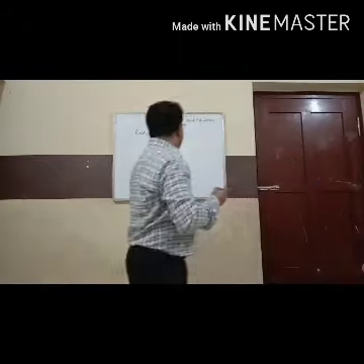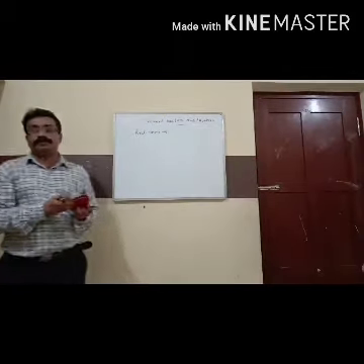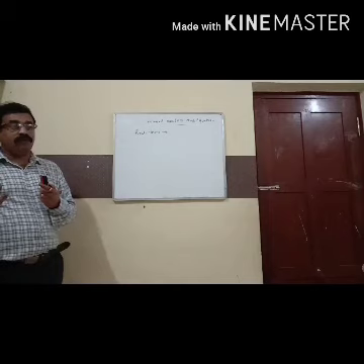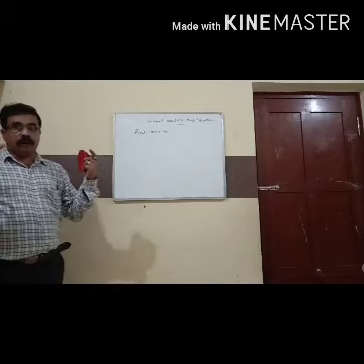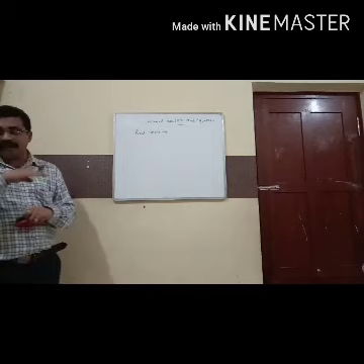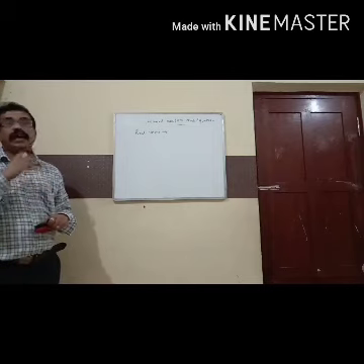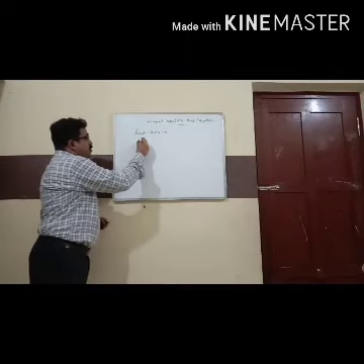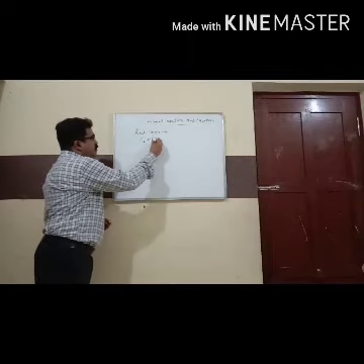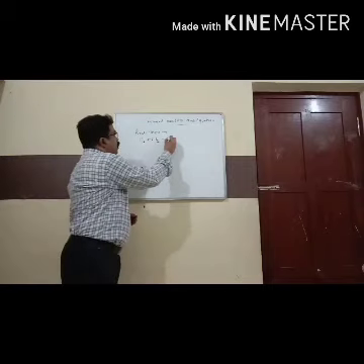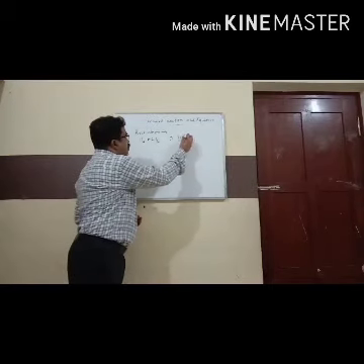I will give you an example of reduction. When you remove oxygen or any electronegative element, or when you add hydrogen or any electropositive element. Hydrogen plus chlorine, you get HCl.